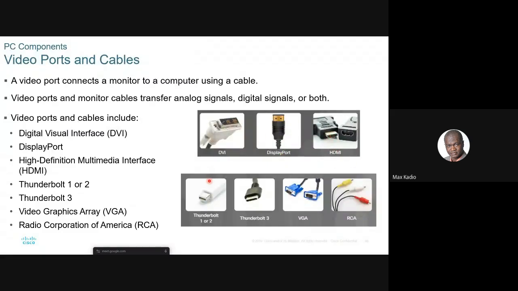It means if on your PC you have HDMI port, you check on your monitor, you have HDMI port, it means you can use an HDMI cable to connect both. This is how it works. So video and cables, it depends on which port you have on your PC. So you can check this one, very important, and we continue.